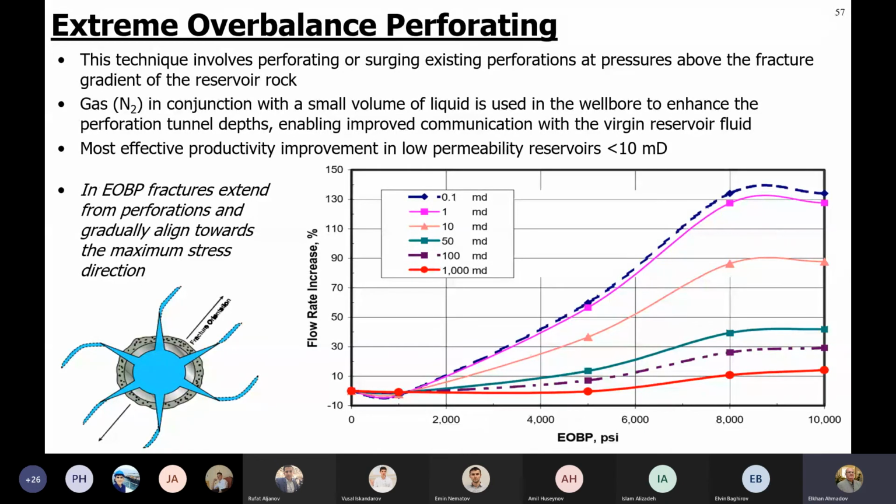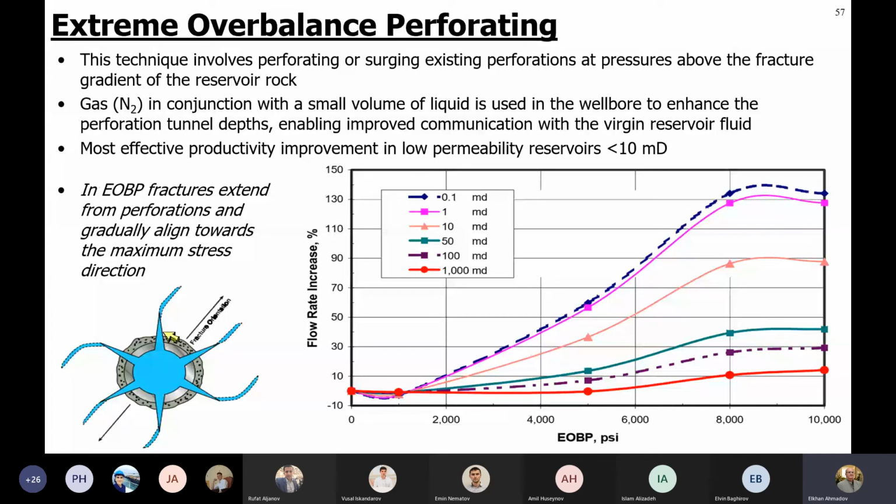Vishal is saying that the effect of extreme overbalance is decreased when there is already sufficient permeability. This is sort of a correct answer, because when we have high permeability around the well, the flow into these perforations or tunnels is sufficient anyway, so this fracturing will not help that much.